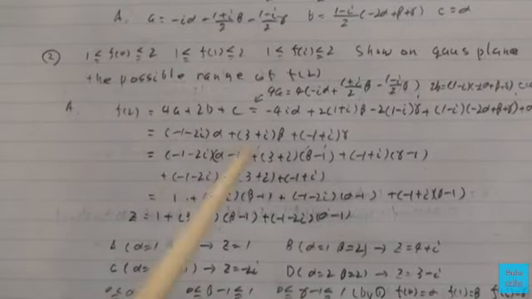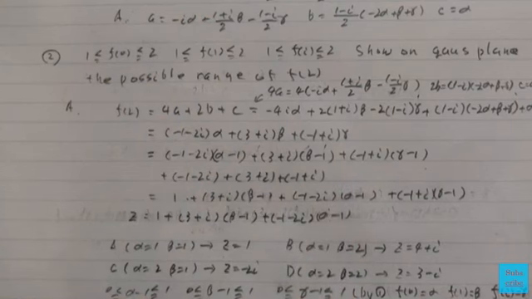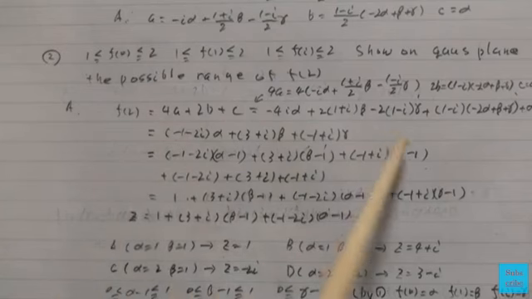And this can be written in terms of alpha minus 1, beta minus 1, and gamma minus 1, in this form.